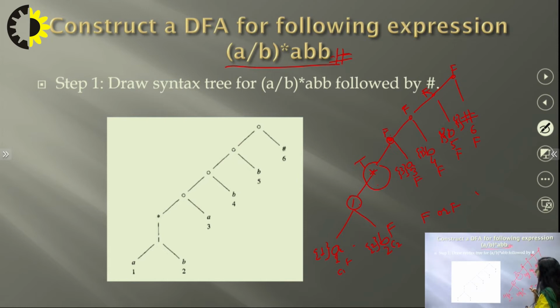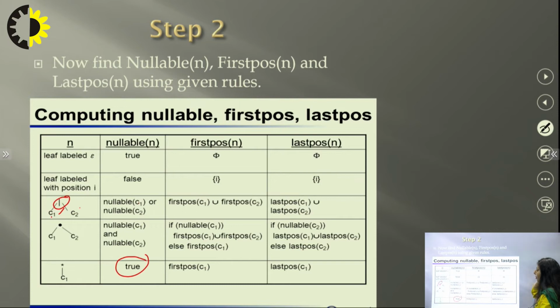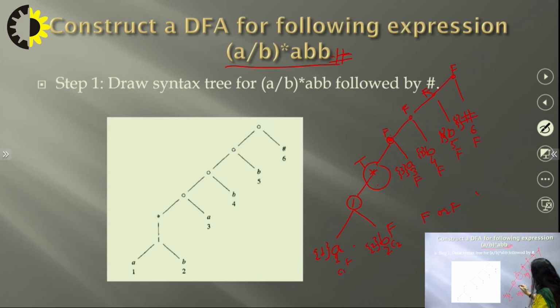Now, the rule to compute the firstpos of the intermediate nodes. If the node is slash, then firstpos of C1 union firstpos of C2. For this, A is C1 and B is C2.